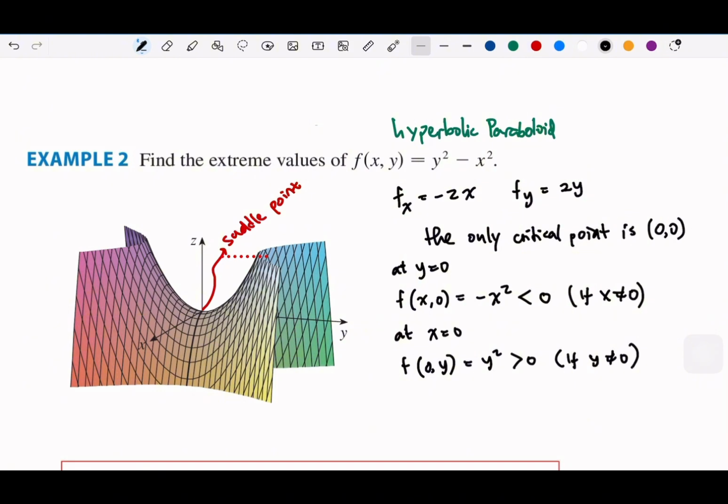So this means that the point (0, 0) with these conditions cannot be a maximum or minimum, right?